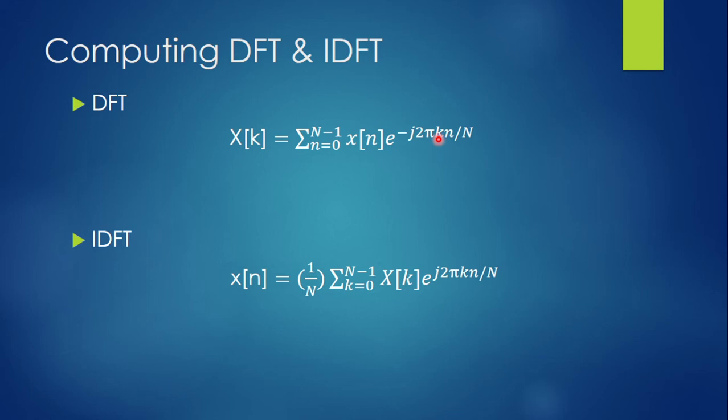Now you take, let it be k is equal to 7. If that particular frequency x[n] is not containing, the amplitude that you get will be small. This means x[n] does not contain the frequency k is equal to 7. Now, how to compute this?